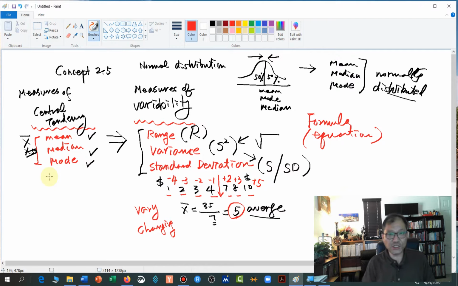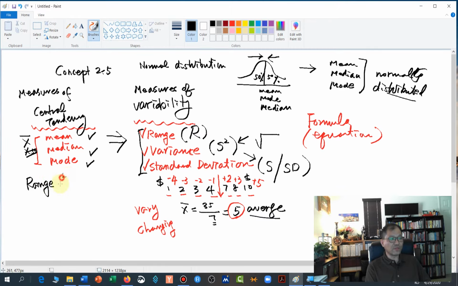Numbers are changing. How do you check that numbers are changing? You can calculate range, variance, and standard deviation. Let me go to range first. Range will be simple for you to understand.